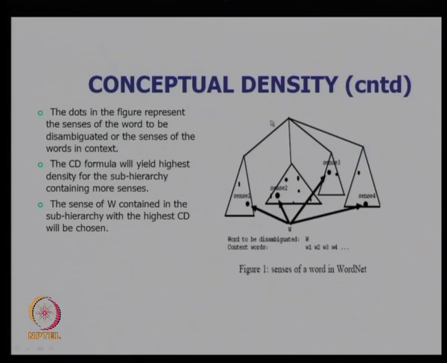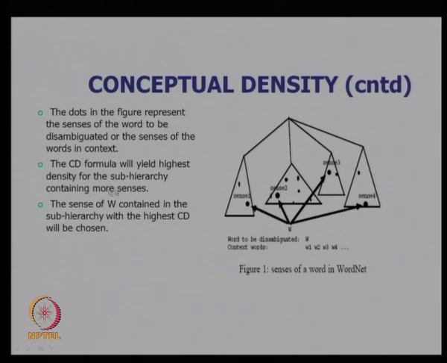The conceptual density based word sense disambiguation algorithm works as follows. The dots in the figure represent the senses of the word to be disambiguated, or the senses of the words in the context. Okay. So, first the senses of all the words, both target and non-target, are collected. This happens by means of a window around the target word.